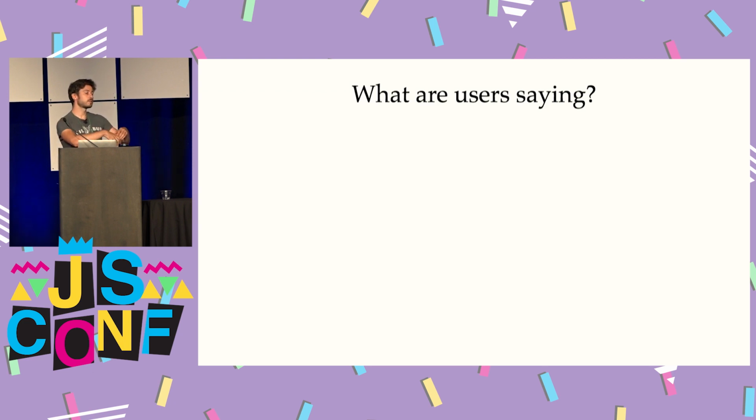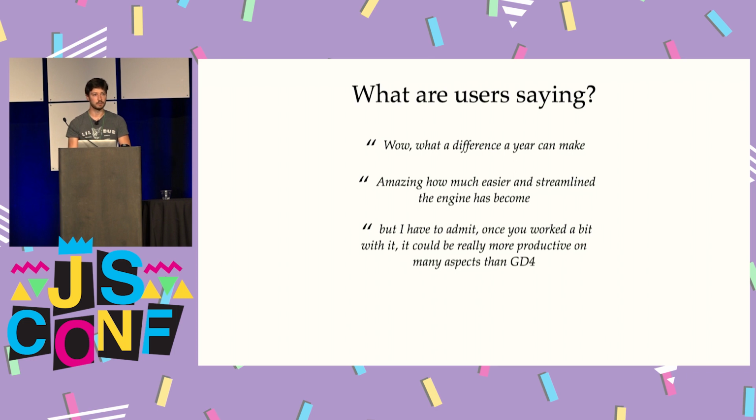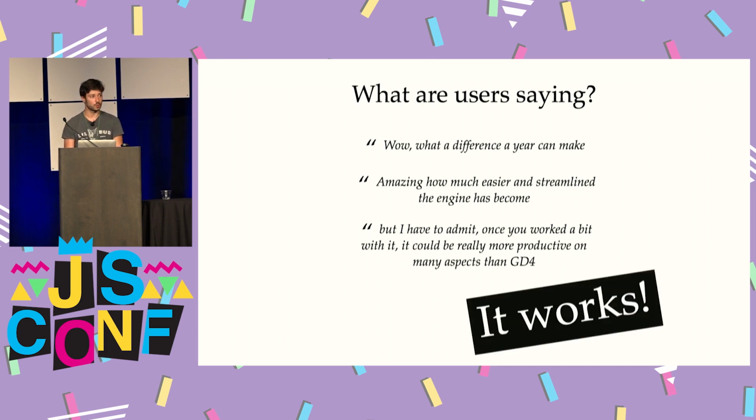Even if I did reuse the existing code base, I had to remake the whole interface around it. So of course I started with a few things and added new things. So it was lacking features, but after 1 year precisely, people started to say, okay, there is a real difference and it's easier to use, and actually I can be more productive using the new version compared to the old one. So it works.